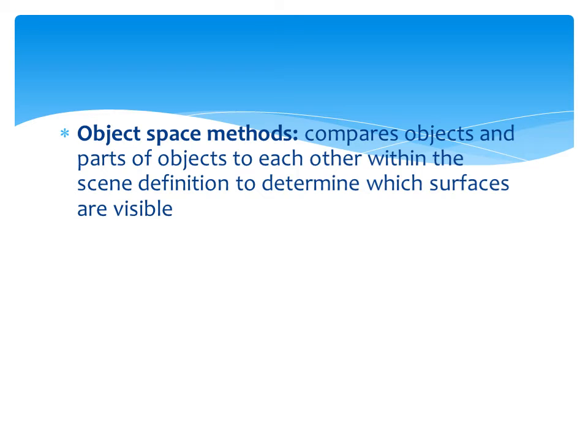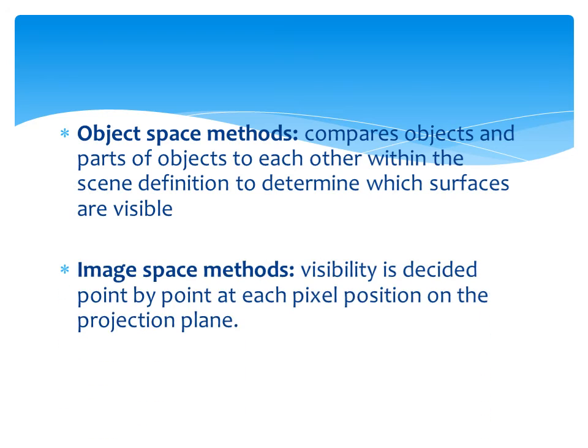In the object space method, objects and parts of objects are compared to each other within the same definition to determine which surfaces are visible. But in the image space method, visibility is decided point by point at each pixel position on the projection plane. That is, object space methods are implemented in the physical coordinate system. Image space methods are implemented in the screen coordinate system.